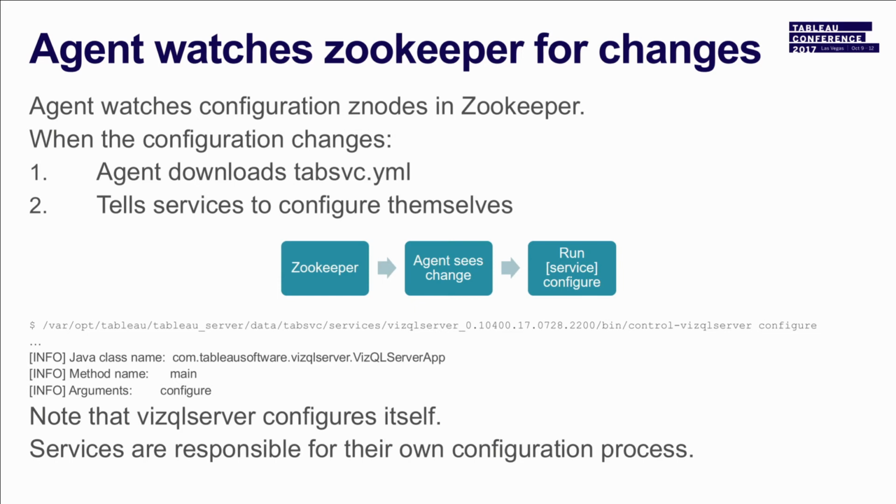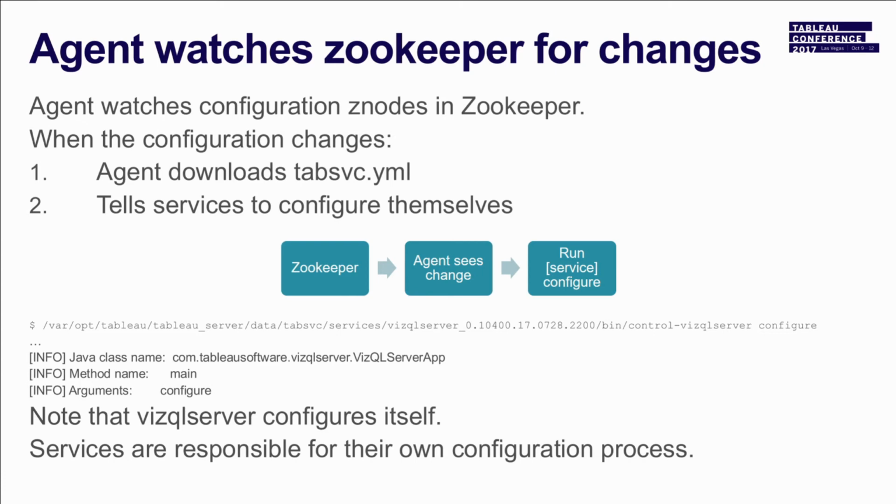So there are these control applications, and each service, each Tableau Server process has one, and that knows how to configure that process. So this will run some Java code that's going to run the SQL Server configuration workflow, and SQL Server ends up configuring itself.